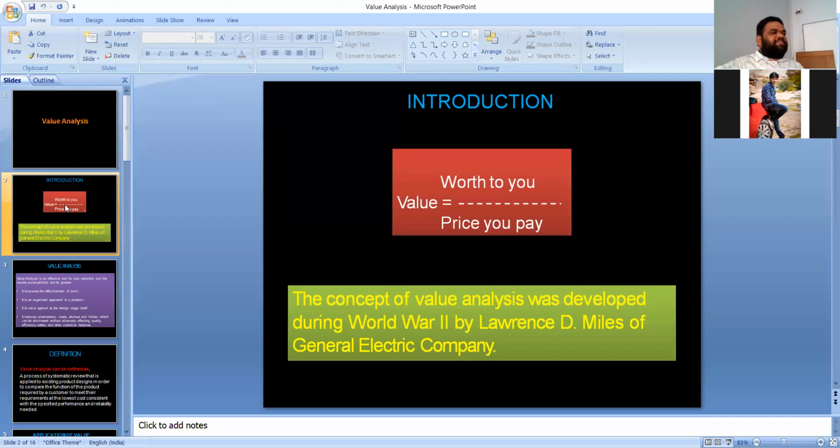In general I'm speaking, so whenever you are buying a product, how are you going to analyze the value of that product? In general, whenever you want to buy anything, first of all, how far it is useful to you.